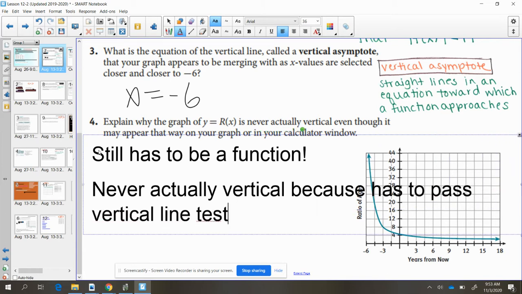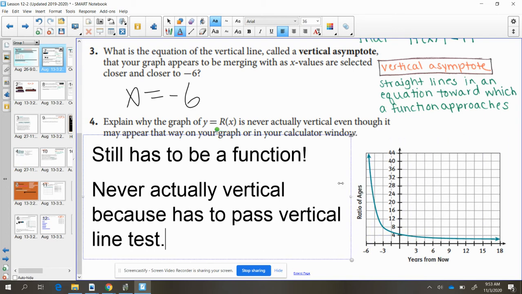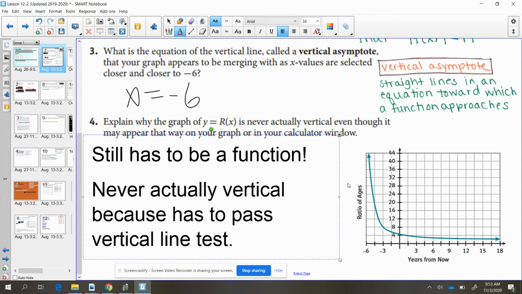So be aware, even though it looks vertical and we approach that asymptote, because there's an infinite amount of decimal values we can put there, it's never going to really officially reach that value, because these are still functions.